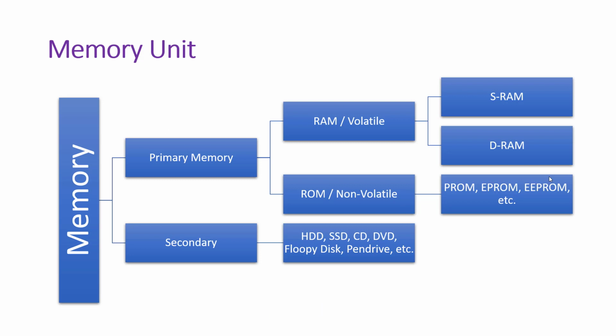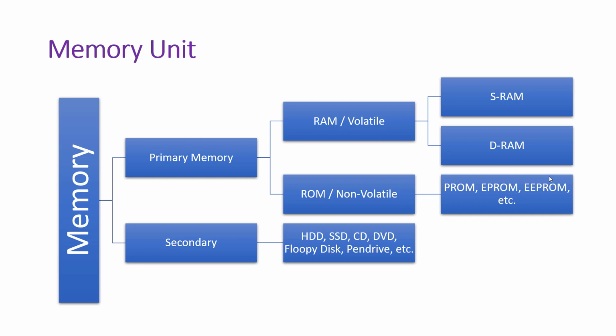Whereas in static RAM, once the charge is given, we can put data into the RAM, and it stays there until the user wipes it out manually. It is very efficient compared to dynamic RAM.